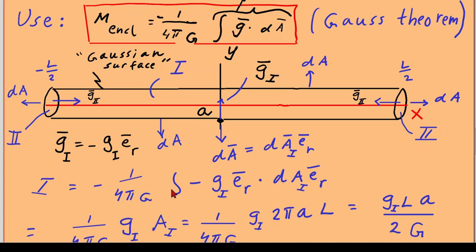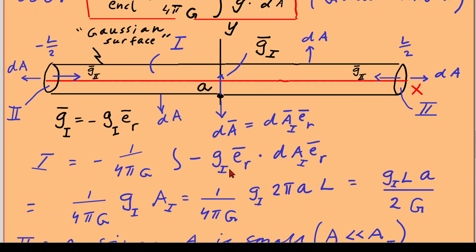And then the dot product with dA, that dA e_r, put in there. But g here is just a constant, and the minus is just a constant, so we take that out from the integral. Then we integrate e_r dot e_r equals 1. So you're just left with the area element and integrate that.